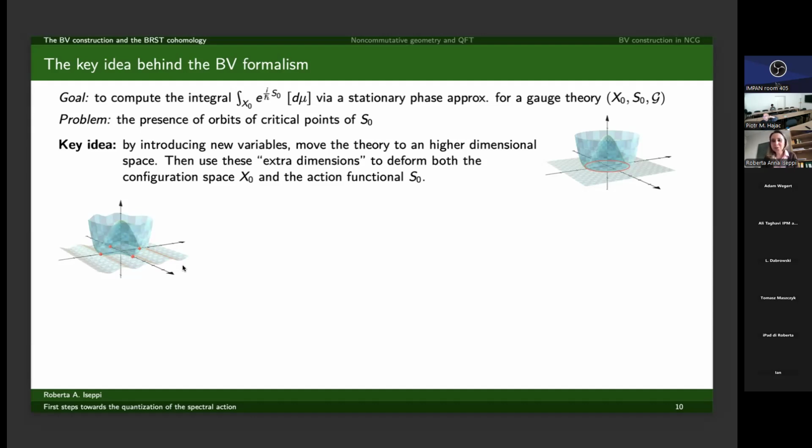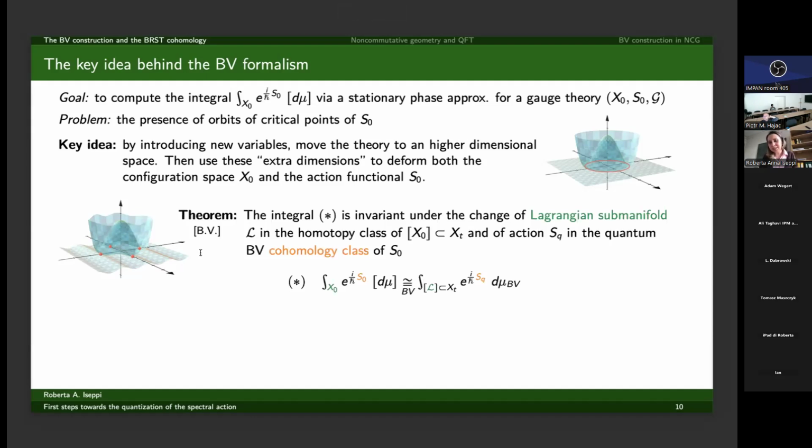But of course, we want to be sure that we're not changing what we are computing. This is ensured by a theorem due to Batalin-Vilkovisky. It says that the integral we want to compute clearly depends on the domain of integration, x0, and on S0, but not so tightly, in the sense that we have a bit of freedom in changing the configuration space as well as the action S0.